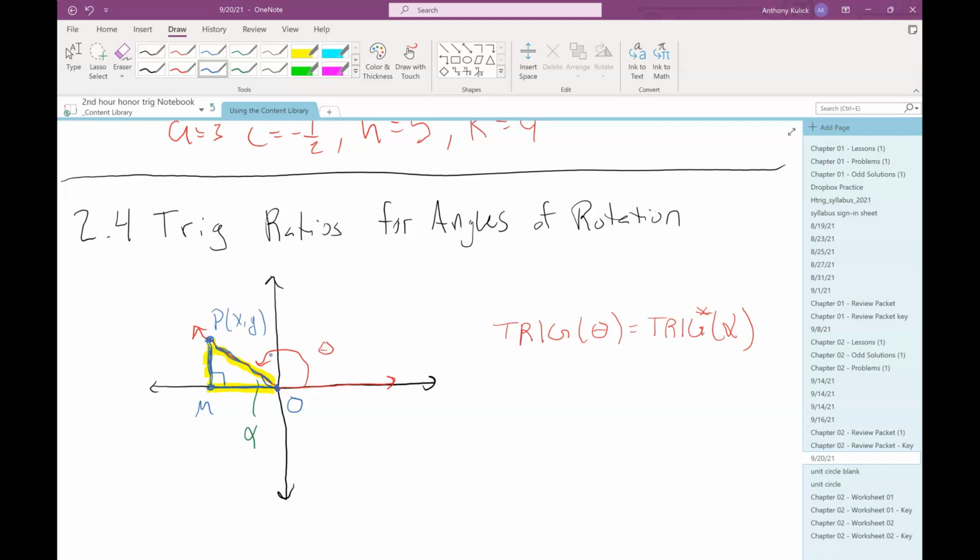It's got to be x, right? Because to plot the point P, we had to go x over. And then the side PM is going to be y, right? To plot the point P, we had to go x over and then y up. You guys agree with that?